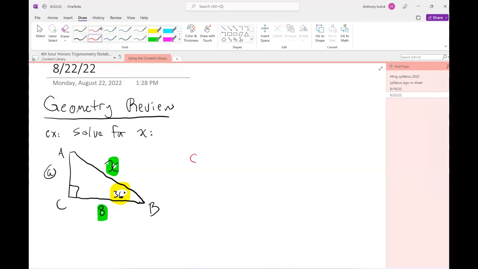So that's correct. So we'll say cosine of, and then what's going to go inside the cosine? Great. Always the angle measure equals, what do I write here? 8 over x. Very good.